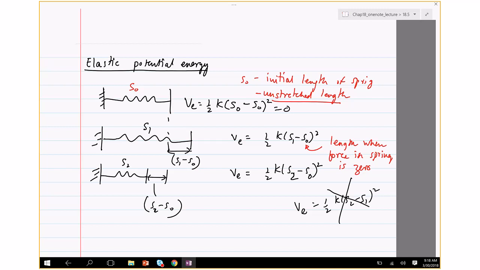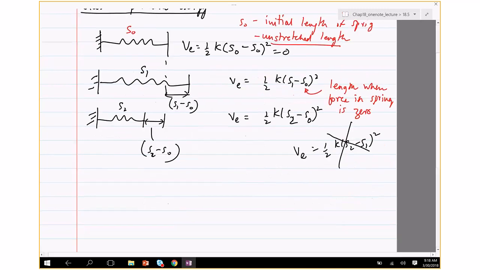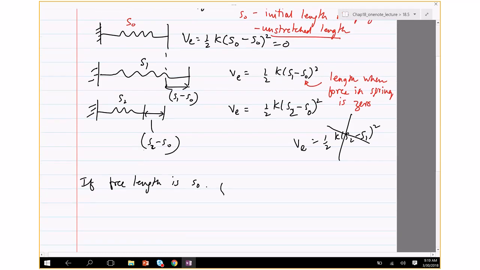Yeah, so let me just write it down here. Let the free length be S0.